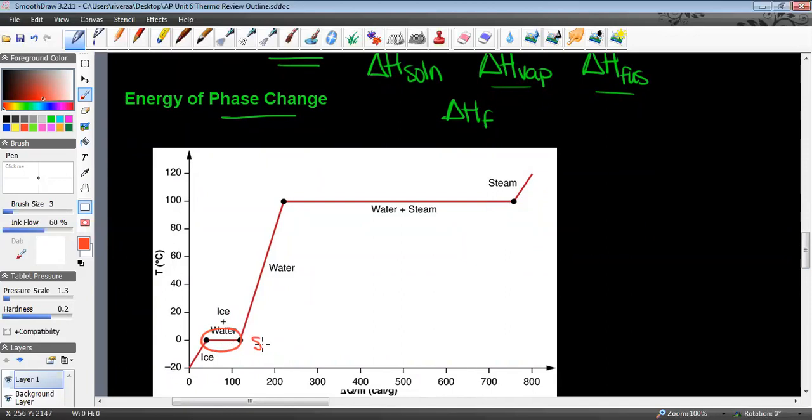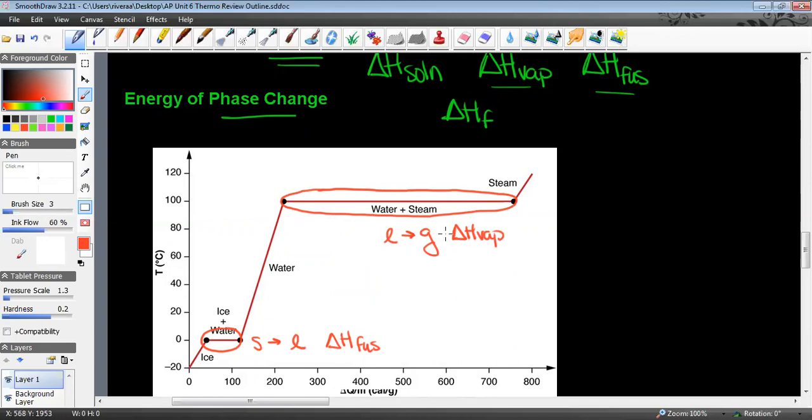Here is where your solid is turning into a liquid, and the amount of heat needed to change a mole of solid ice into a mole of liquid water would be the delta H of fusion. Your phase change from liquid to gas is taking place up here at this flat portion, and this is your delta H of vaporization. That is how much heat is needed to turn a mole of liquid water into a mole of gaseous water.